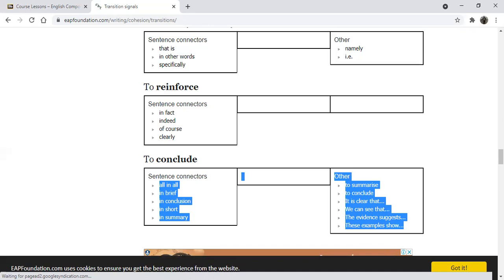Signals that are used to show chronological order: first, second, third, fourth, fifth, and so on. First of all, then, next, now, soon, last, finally, previously, meanwhile, gradually, after that, since then, after, as soon as, before, since, until, when.